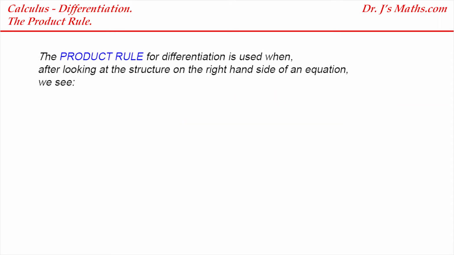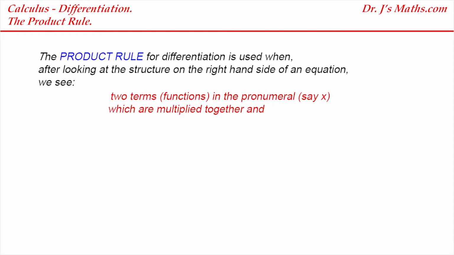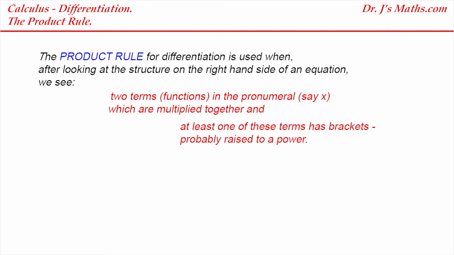The product rule for differentiation is used when, after we look at the structure on the right-hand side of the equation, we see that there are two terms or functions in the pronumeral, say x, which are multiplied together, and at least one of these terms has brackets, probably raised to a power.